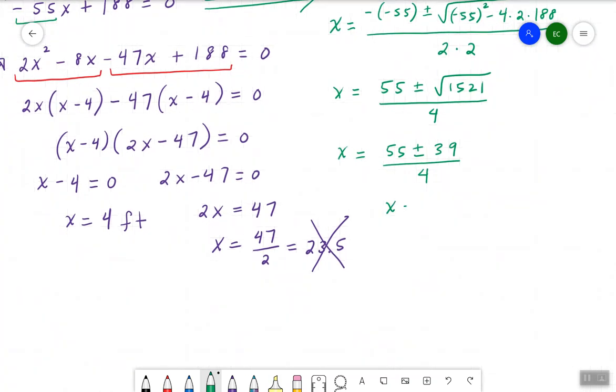And so we wind up with 55 plus 39 divided by 4, which is 23.5, or 55 minus 39 over 4, which is 4. So those are the same two answers that we got when we factored.